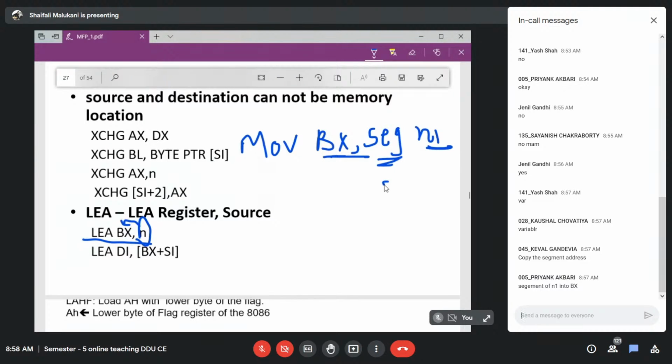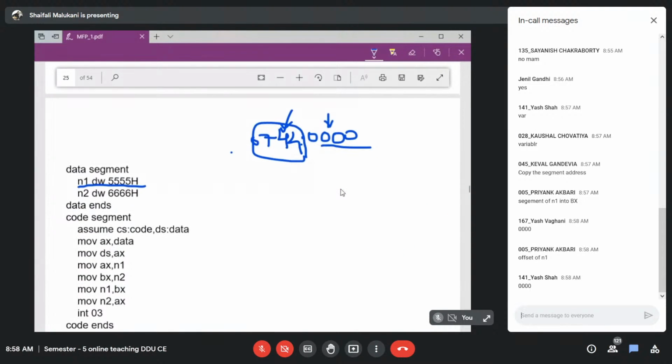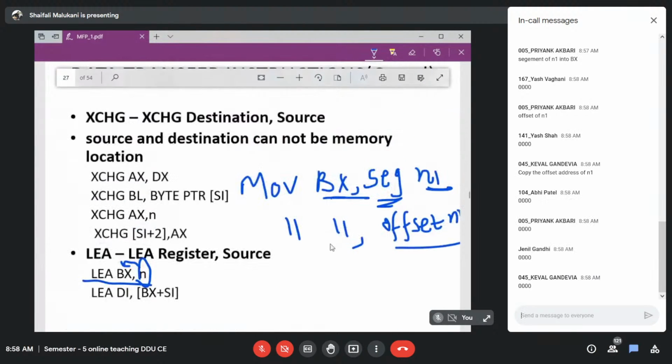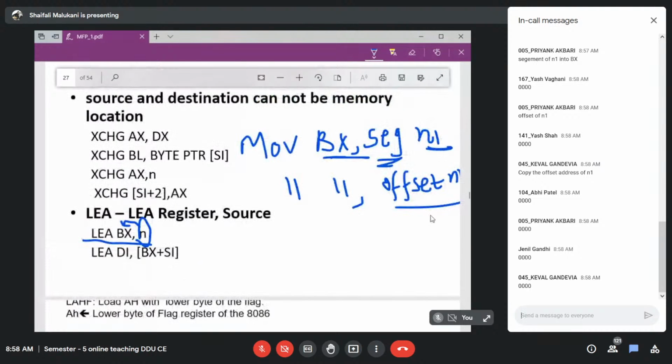Understood? Same way we have another directive, that is, as I told you, offset. What is the difference between these two? Offset n1. What will be stored in BX in this case? If this is the scenario, yes, the offset of n1, that is 0000. So these are the segment and offset assembler directives.